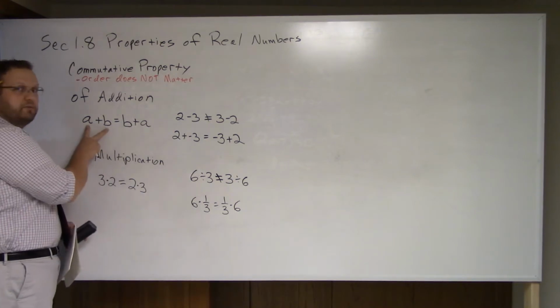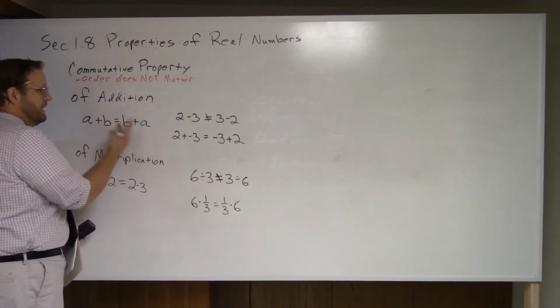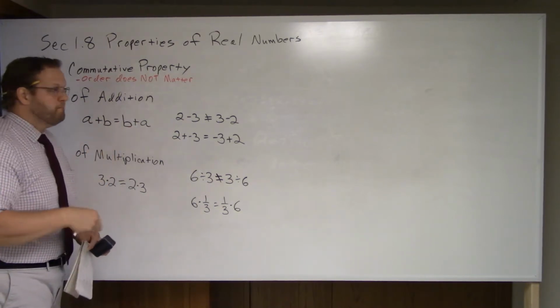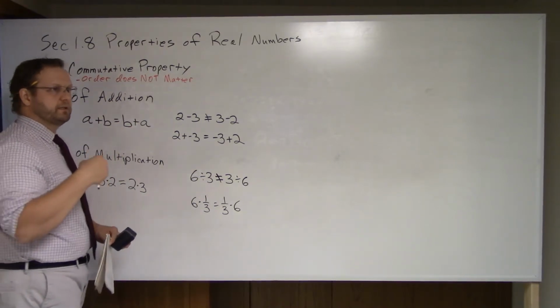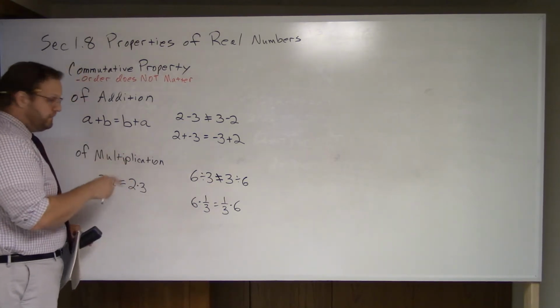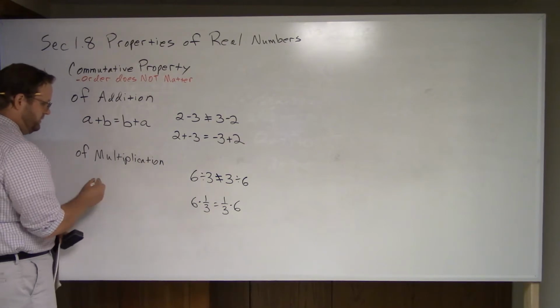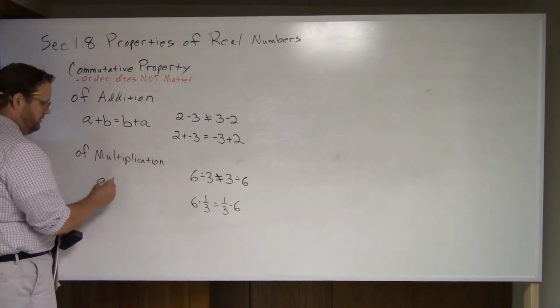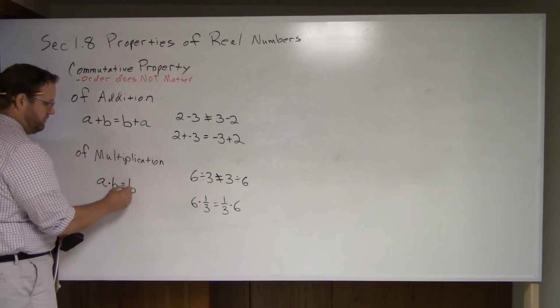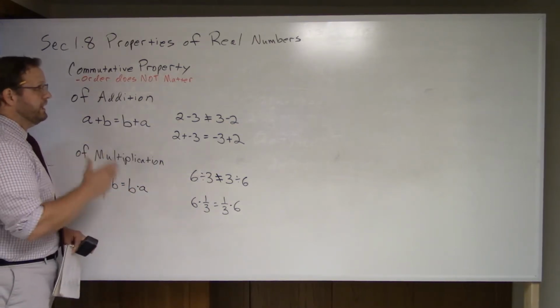If you have two different numbers, or they could be the same, if you flip the order, it's not going to matter. Whether it's 2 plus 3 or 1.7 plus 8/3, something like that, it's not going to matter. Same thing with this multiplication. Typically, you would illustrate that like so. Okay? That is the commutative property.